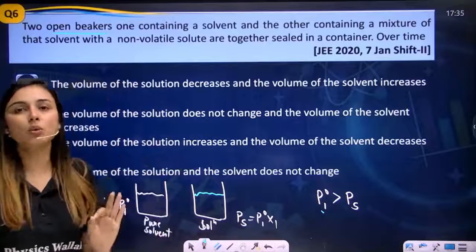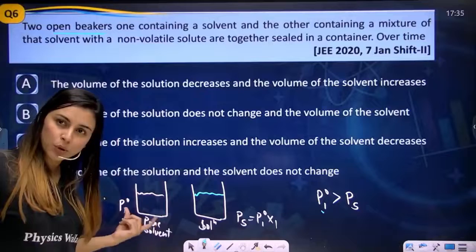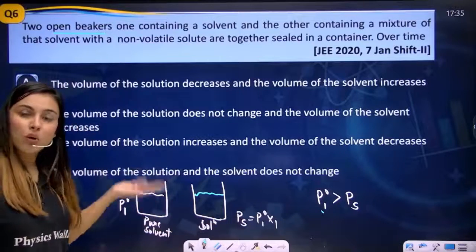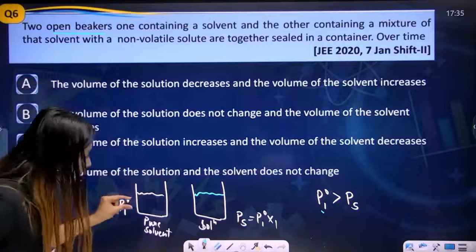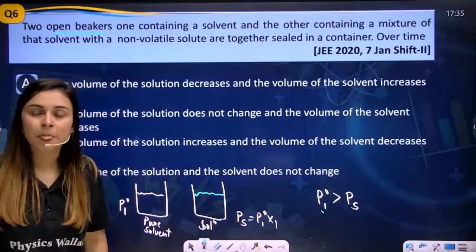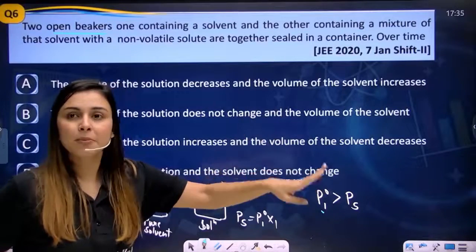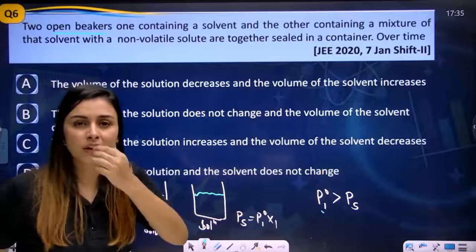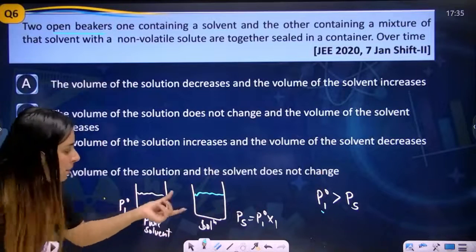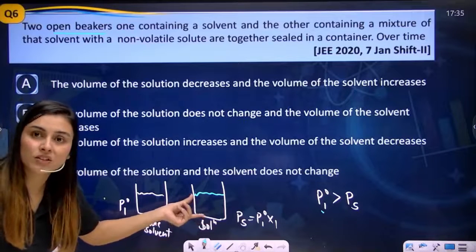You only had to understand that since more vapors will be formed in the pure solvent as compared to the solution, more vapors will go out easily and its volume will decrease faster as compared to the solution. So at any temperature, the pure solvent's volume is less compared to the volume of the solution.